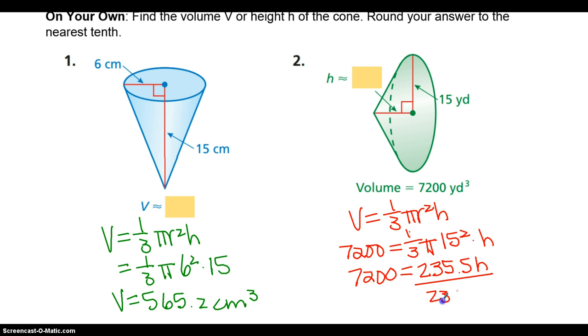If I divide both sides by 235.5, I get 30.57, and rounded to the nearest tenth, h is approximately 30.6 yards.